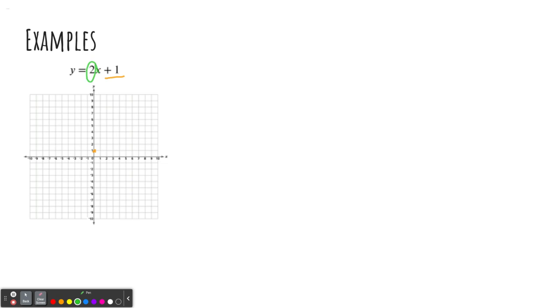Since it's just 2, that is 2 over 1. We're going to go up 2 over 1 to get our second point. If you wanted to do it a few times, you could, but you do not have to. Once you have 2 points, that is enough information to draw your straight line.